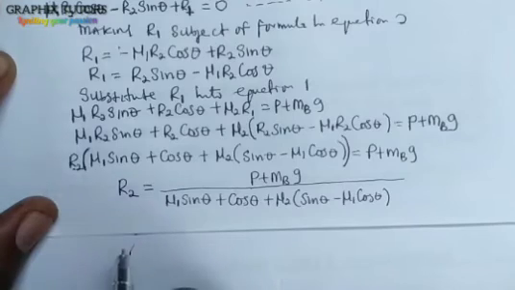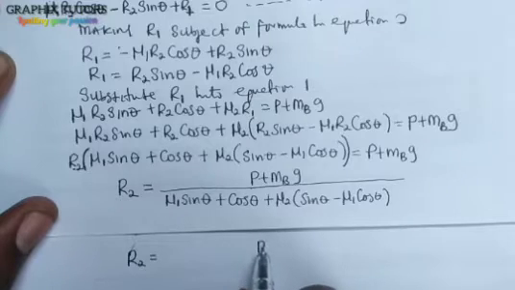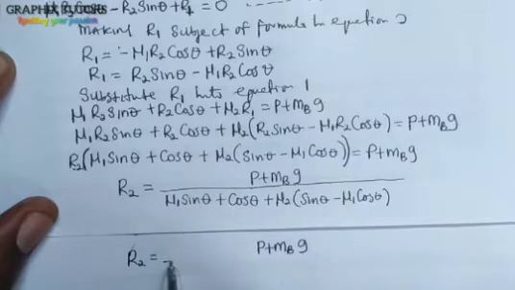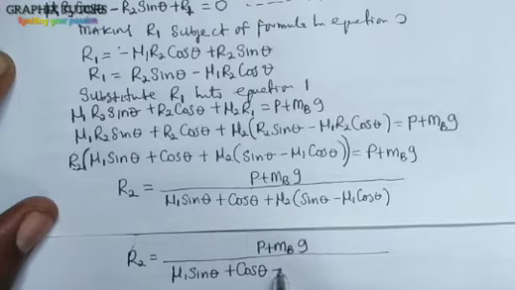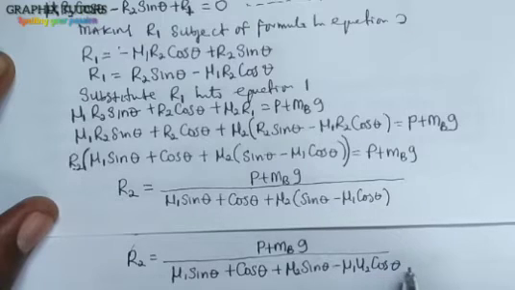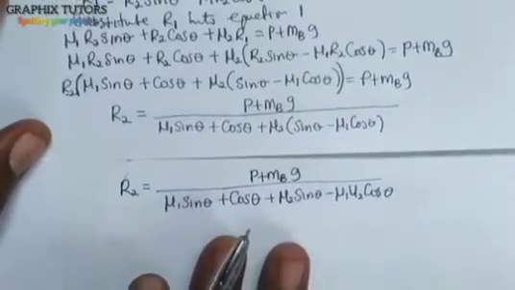R2 equals the force P plus the mass of B times g, all divided by mu1 sin theta plus cos theta plus, opening the bracket, mu2 sin theta minus mu1 mu2 cos theta. So I expanded this. Now if I collect like terms here, let's move forward and see.